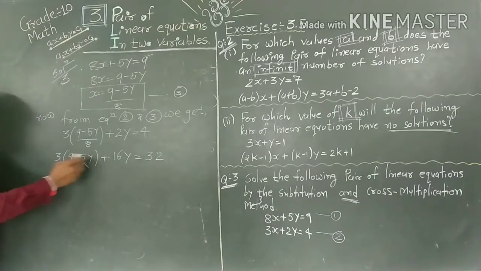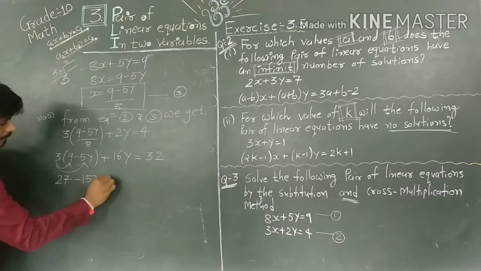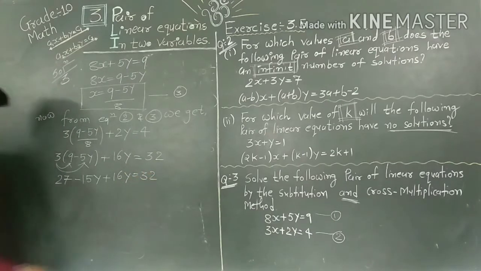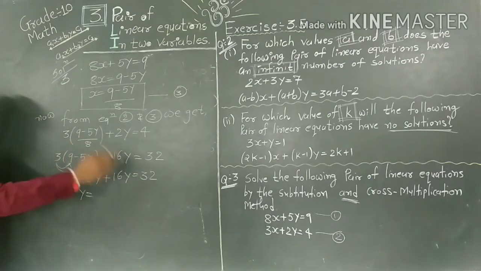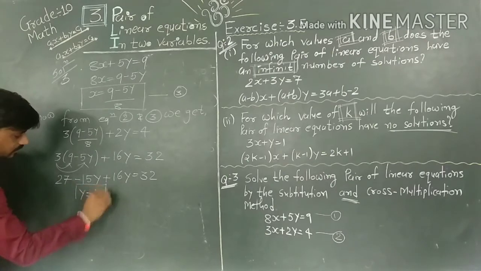Multiply 3 on both terms: 9 into 3 minus 5 into 3y, plus 16y is equal to 32. Here 16y minus 15y, that means y. 32 minus 27, that is 5, that means y is equal to 5.